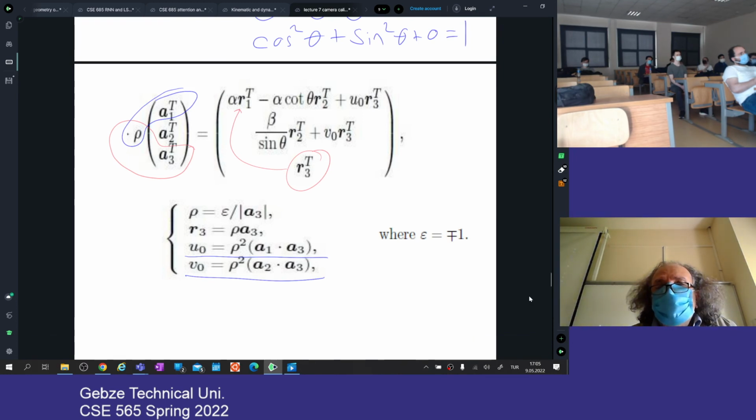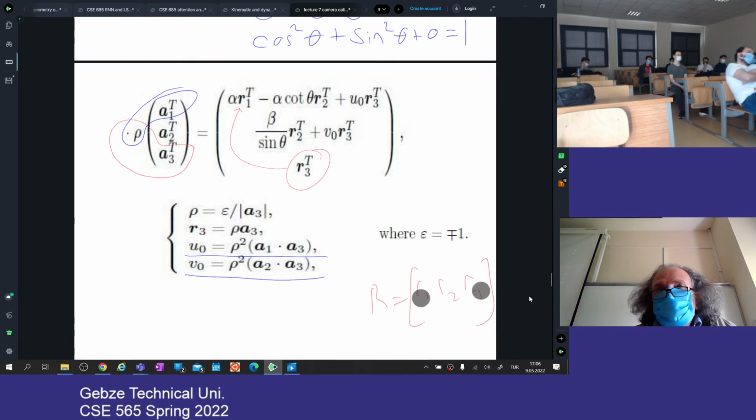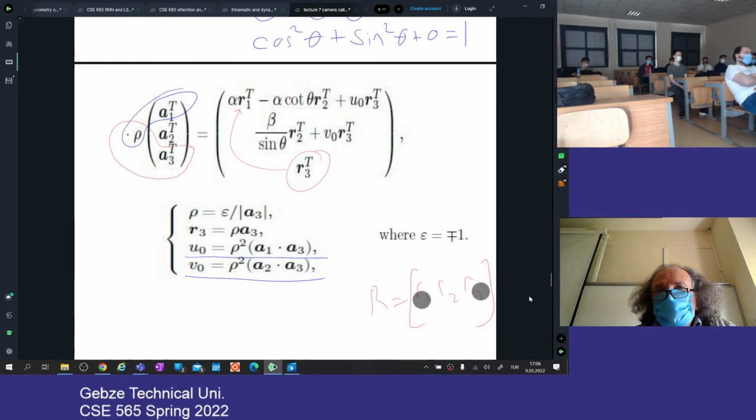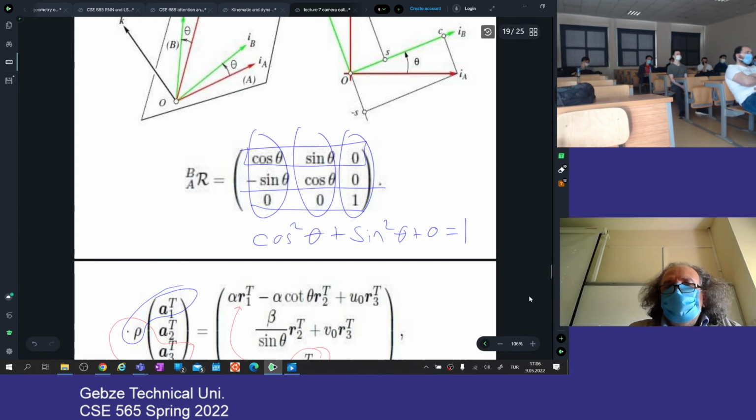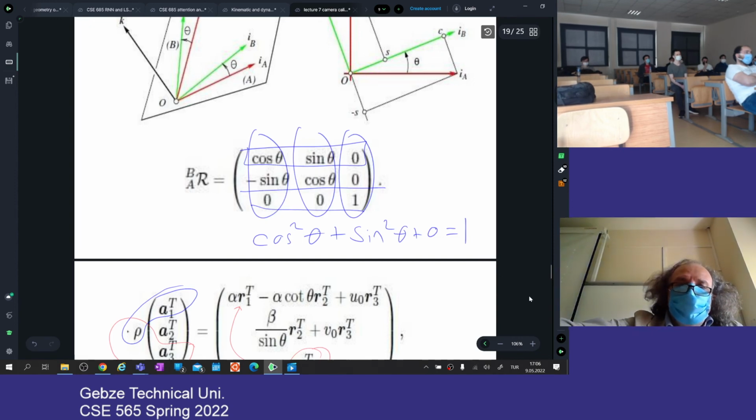If you multiply R3 with R1, what is R? It is first column, second column, third column. If you multiply this row with this row, or this column with this column, what would you get? 0, of course.